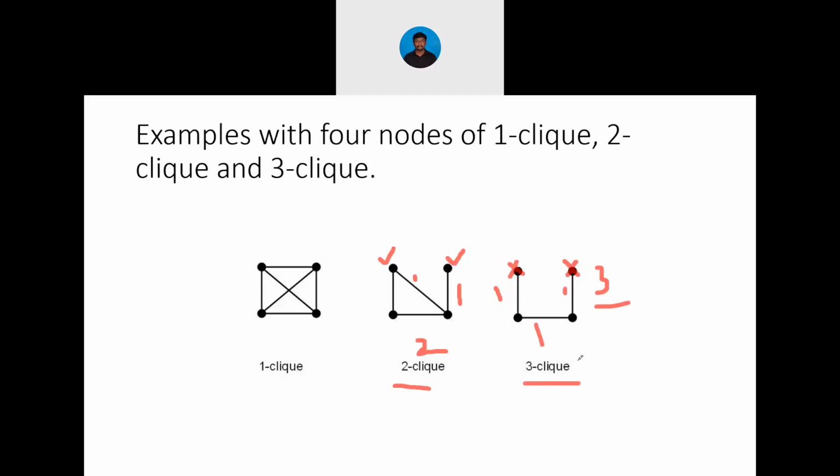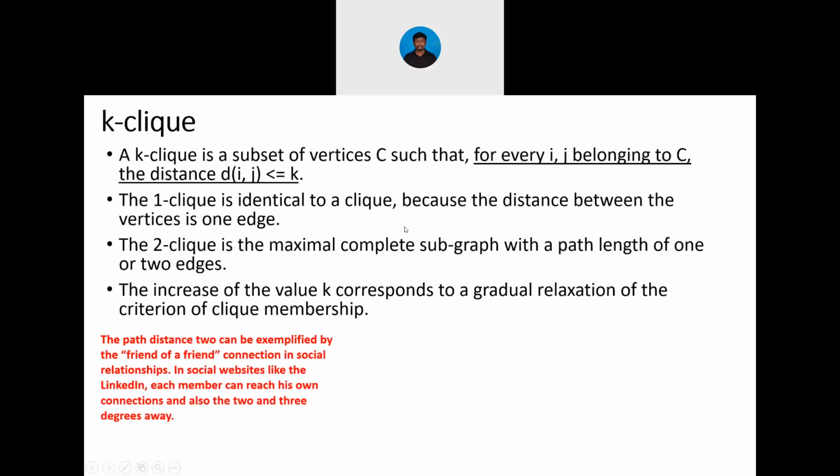Maybe the distance may be less than the maximal distance also, and hence it is called a k-clique. The two-clique is the maximum complete subgraph with a path length of 1 or 2 edges. The increase of the k value corresponds to a gradual relaxation of the criteria of clique membership. So this is how we define the k-clique.